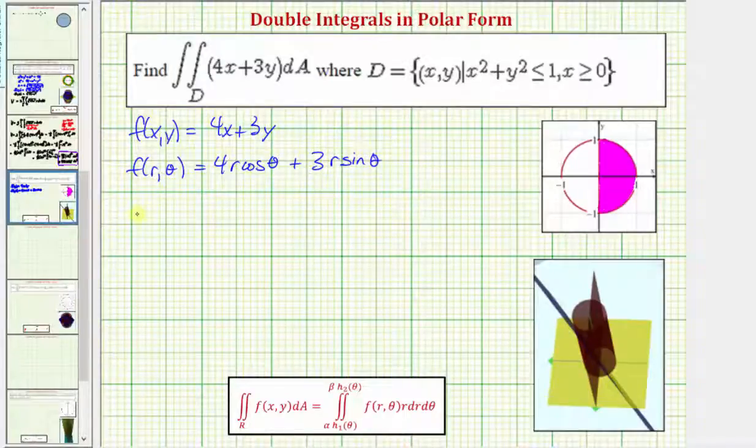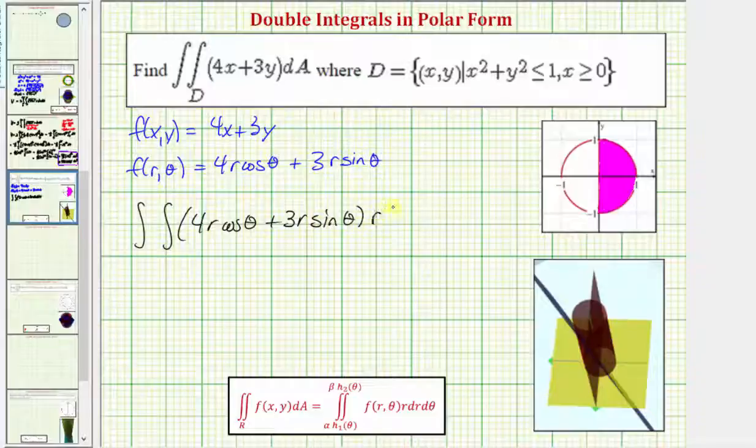So our double integral in polar form is going to be, again, f of r comma theta times r dr d theta. So we would have 4r cosine theta plus 3r sine theta times r dr d theta.